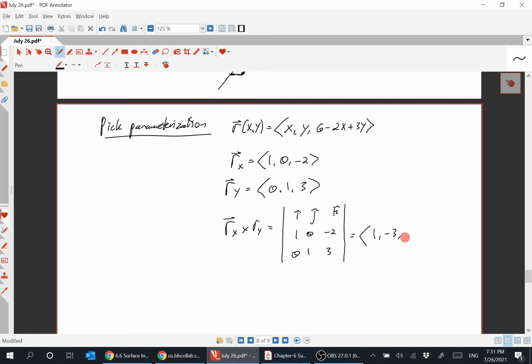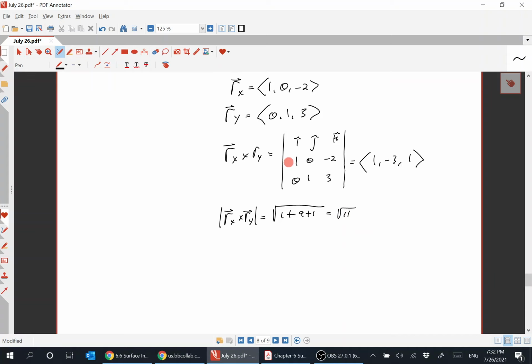And here it's, again, 1. And the j coordinate, it's 3 minus 0, so it's minus 3. So then the length of our x cross our y is equal to the square root of 1 plus 9 plus 1, which is square root 11.